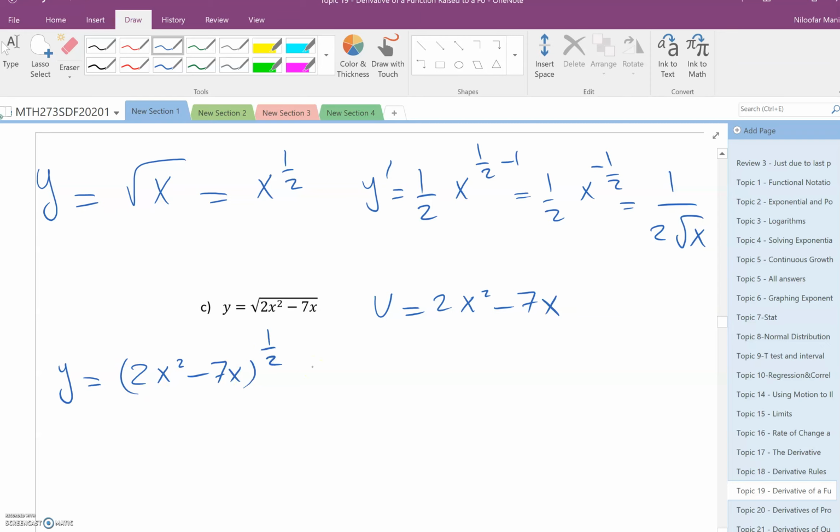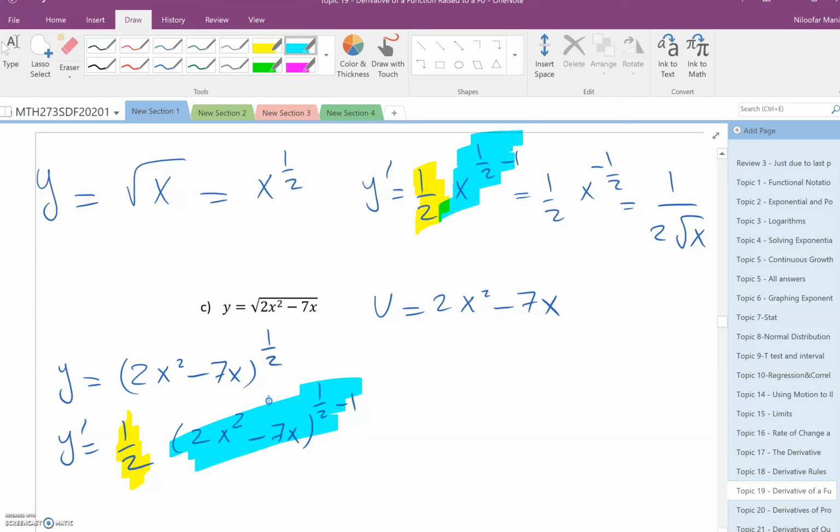So y prime is 1 over 2, 2x squared minus 7x power 1 over 2 minus 1, the same as this one, times derivative of inside, which is derivative of u. Okay, u prime. You have to multiply with u prime.